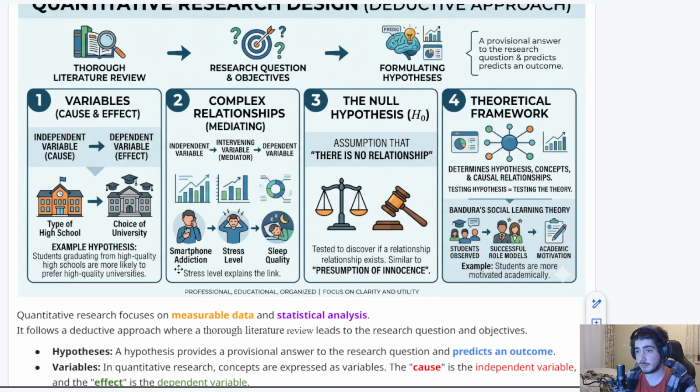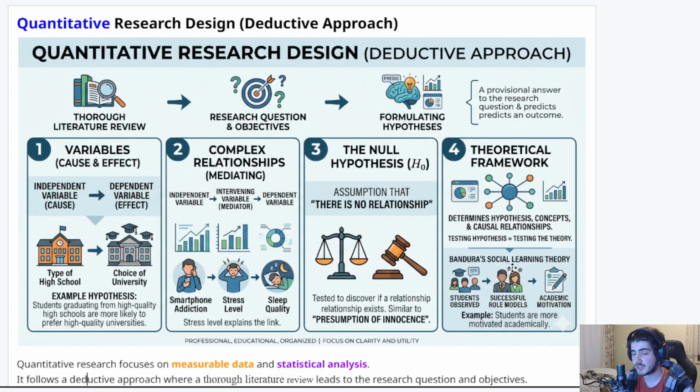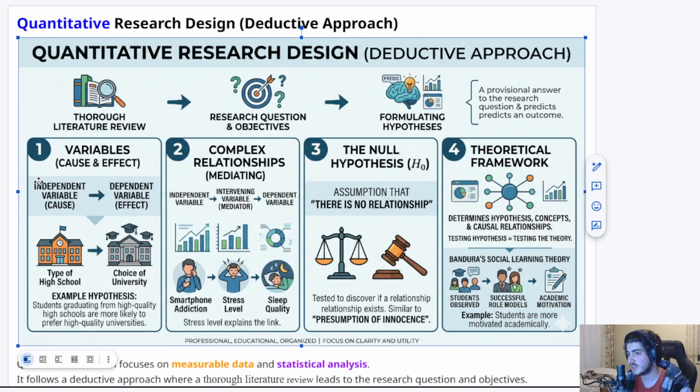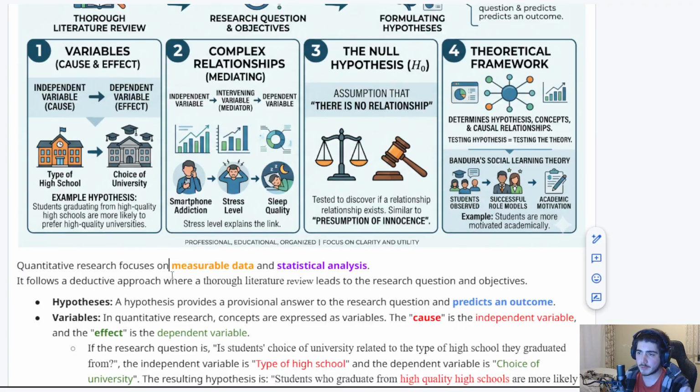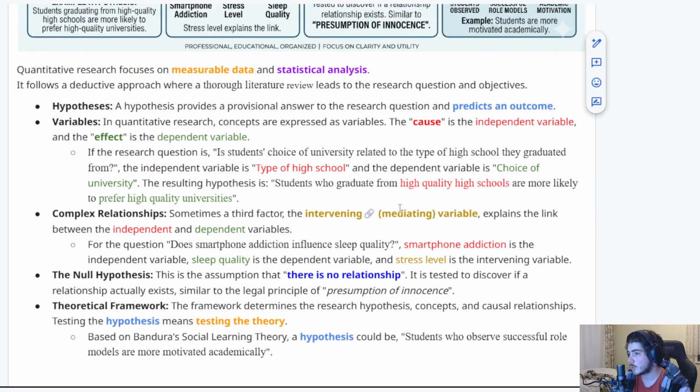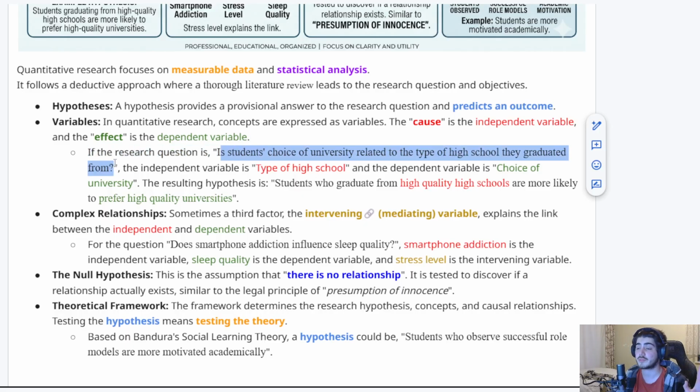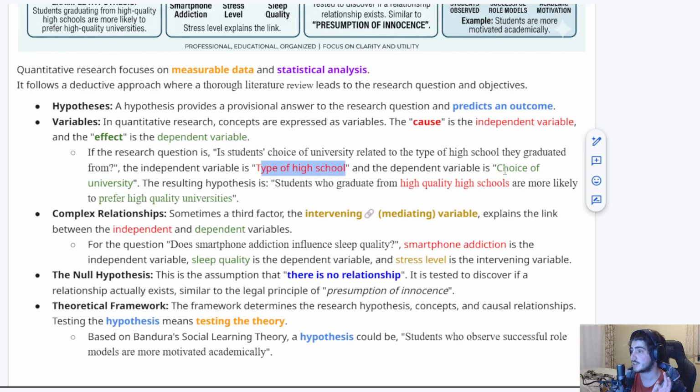We use variables when dealing with quantitative research. What are the independent variables and what are the dependent variables? Well, for example, when we want to look at whether students' choice of university is related to the type of high school they graduated from, the independent variable is the type of high school and the dependent variable is choice of university.